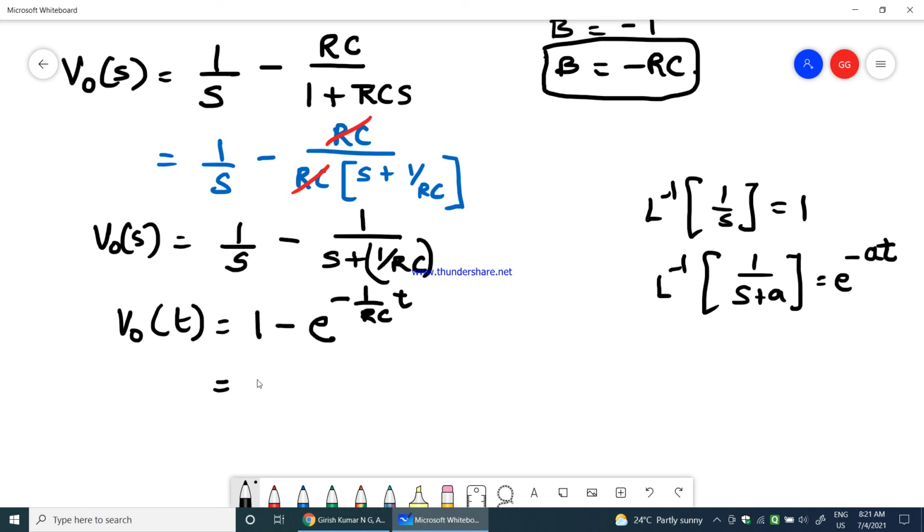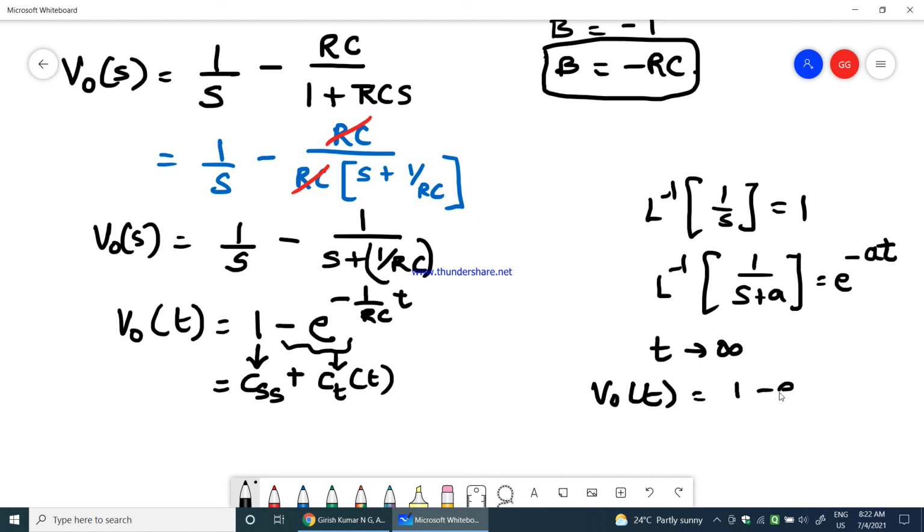Now, if you see here, this would be a steady state response, added with this term which is a transient response. So when t tends to infinity, this V out of t would be equal to 1 minus e power minus infinity, where e power minus infinity is 0, therefore 1 minus 0 will be equal to 1.